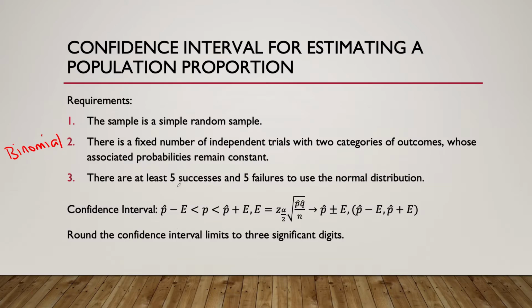The confidence interval takes p hat and subtracts and adds the error, and we can display that in different ways. But now we want to round the confidence interval limits to 3 significant digits.